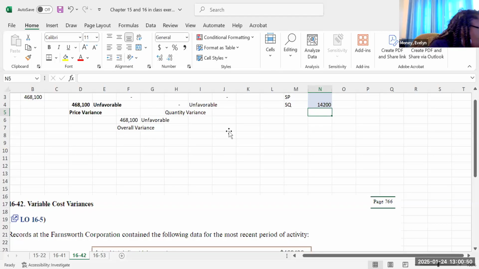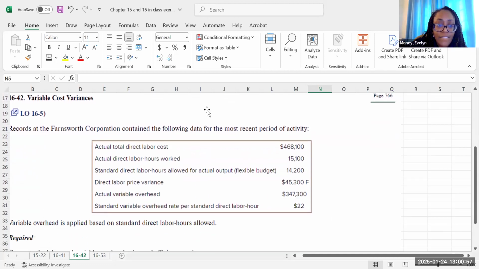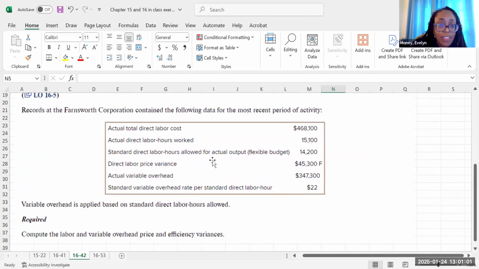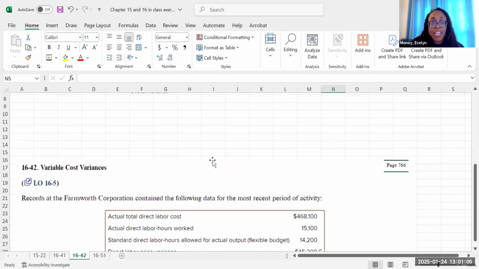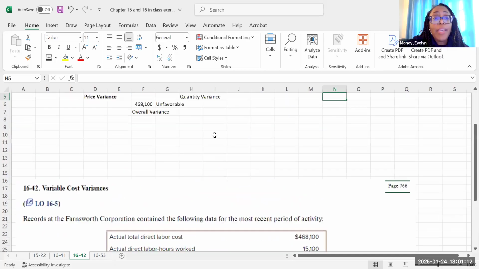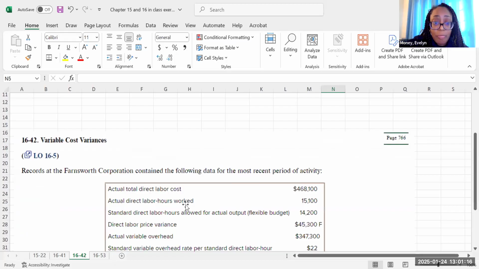So now for standard price, I wonder if I can find standard price. Did they give it to me? Nope, they don't give it to me. So how in the world am I going to find what is missing? Well, now here's where the algebraic version of things comes in quite handy because I know what the price variance is.